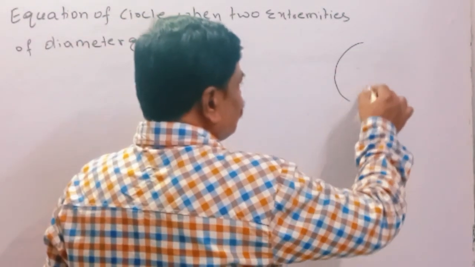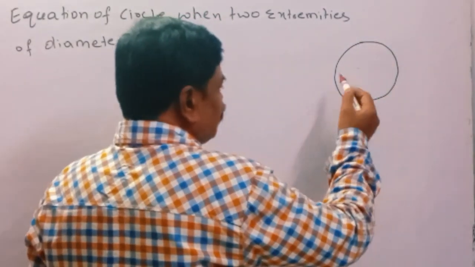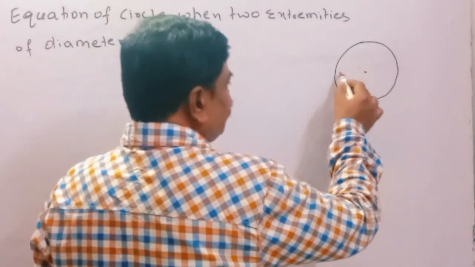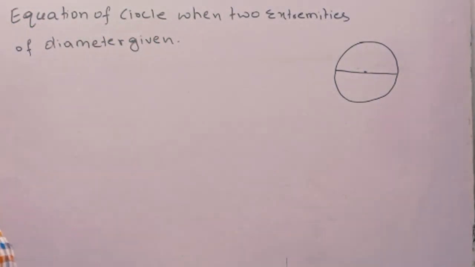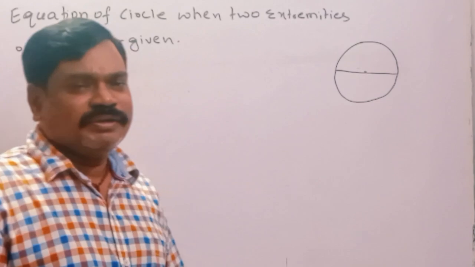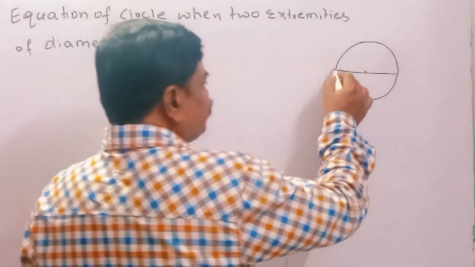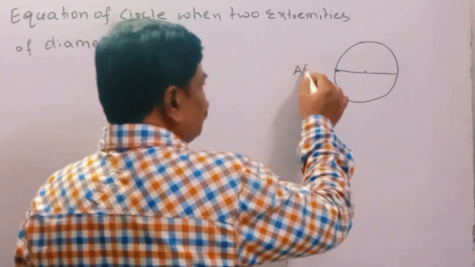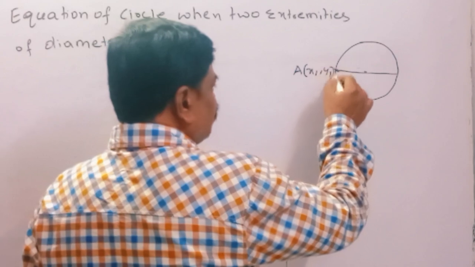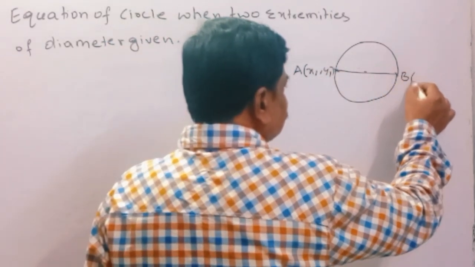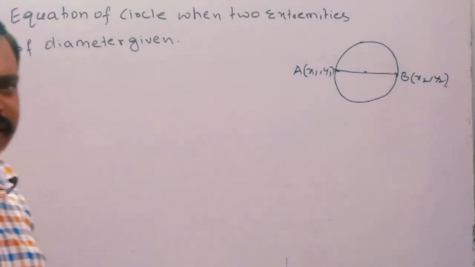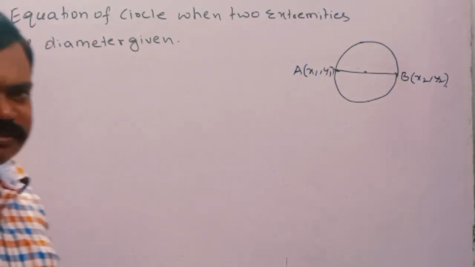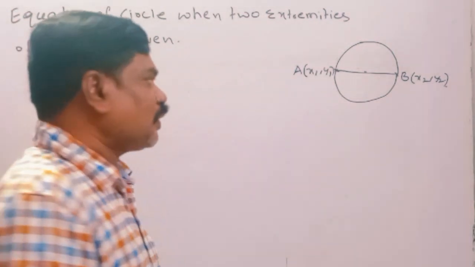How to find it? This is the given circle, this is the center of the circle, and this is the radius of the circle. We know that the largest chord is the diameter of the circle, and x1 comma y1 and x2 comma y2 are the two extremities of the diameter.